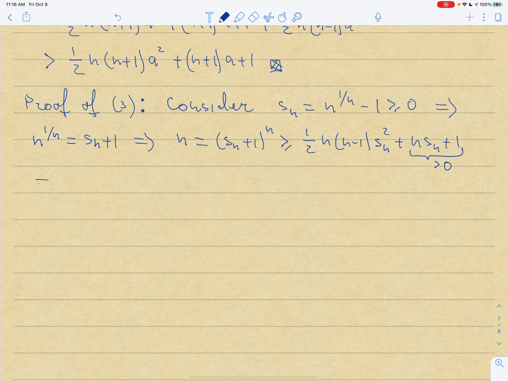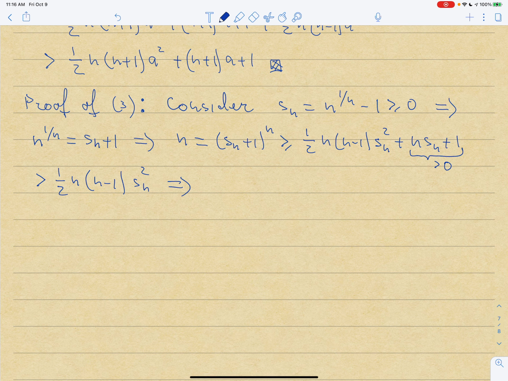And so what we get is this, that if I ignore n Sn plus 1, I'm going to get something which is strictly smaller than this. So this is going to be greater than 1/2 n minus 1 times Sn squared.